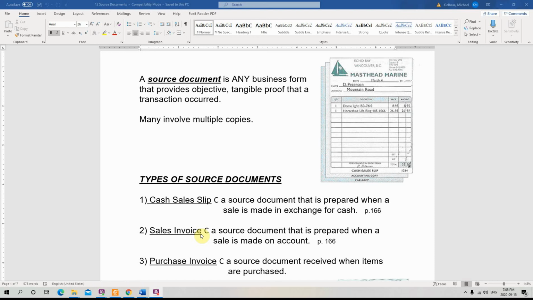Now, a copy of that sales invoice is going to be given to you, but it means something different to you because you purchased something. So to you, that same exact duplicate copy represents a purchase invoice, but it represents a sales invoice to me because I sold something and to you, you purchased something.